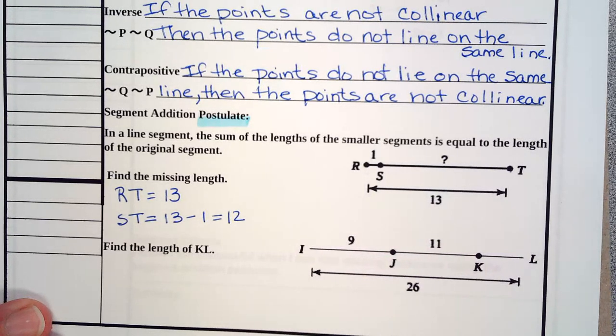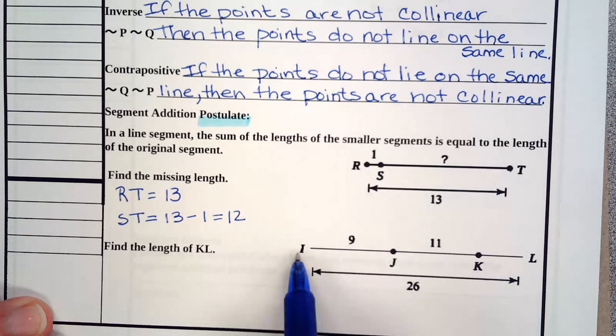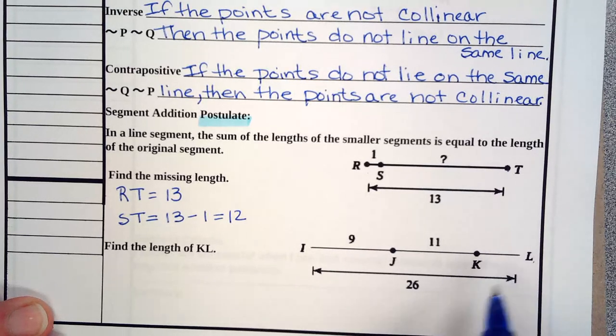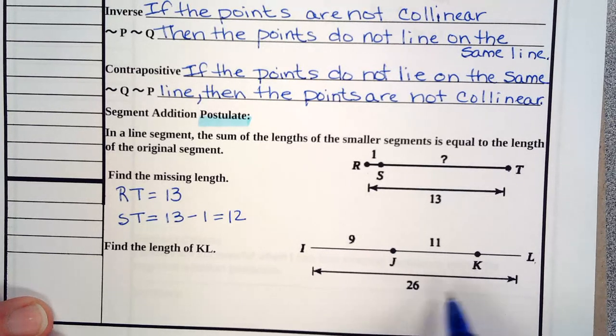How about the next one? How can we find the length of KL? What do you notice and how do you use it? Well, IL is the whole thing, and IL is 26.